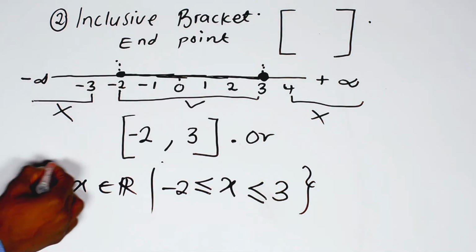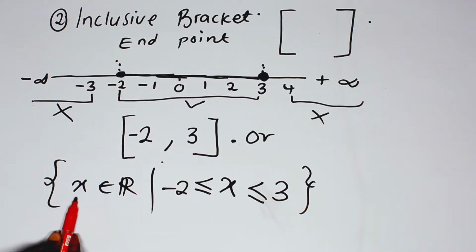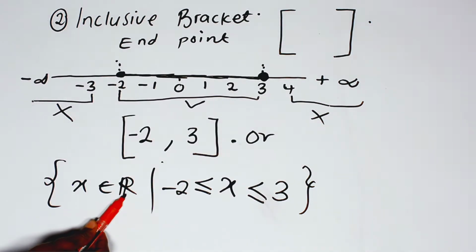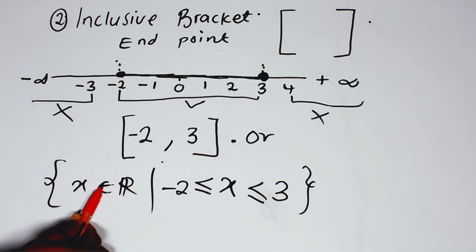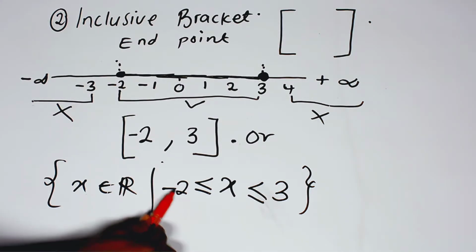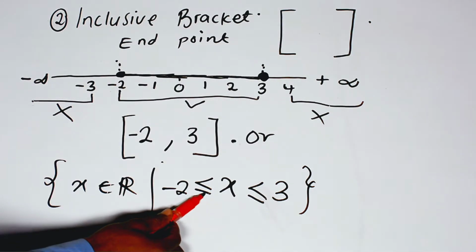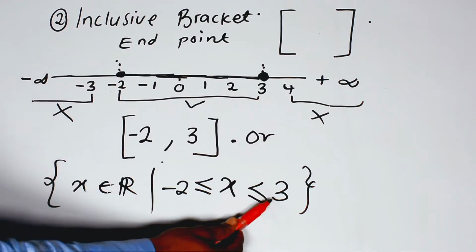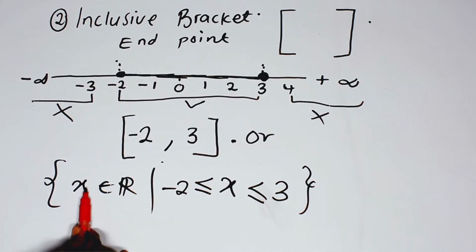So this can also be shown in this form. X belongs to real numbers from negative infinity to positive infinity, and this sign shows belongs to such that negative 2 can be equal to x, and positive 3 can also be equal to x.